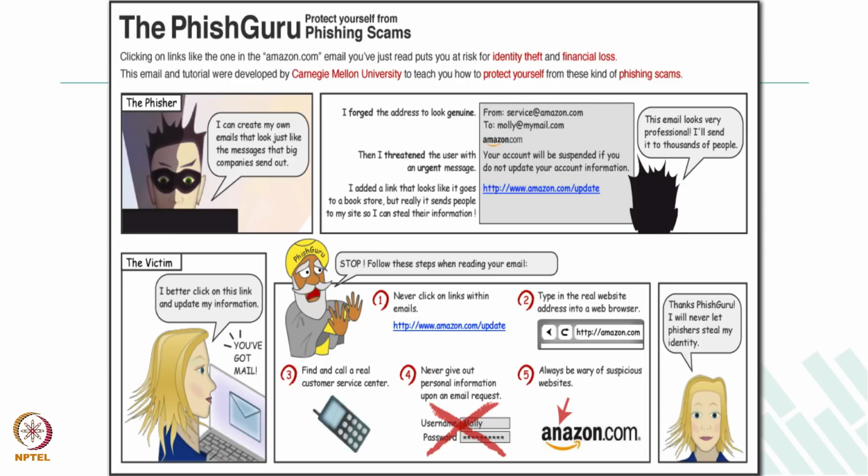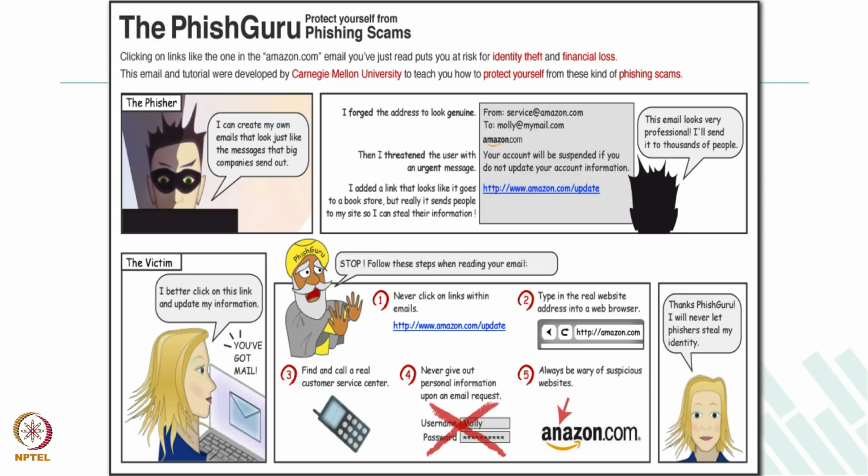Here is another design. This design became the standard design that we started following after some point of evaluation, which I'll talk about as we move forward. So here, there were multiple characters created. One is the fisher, which is on the left and top, and then there is a victim, and then there's also this fish guru character itself.